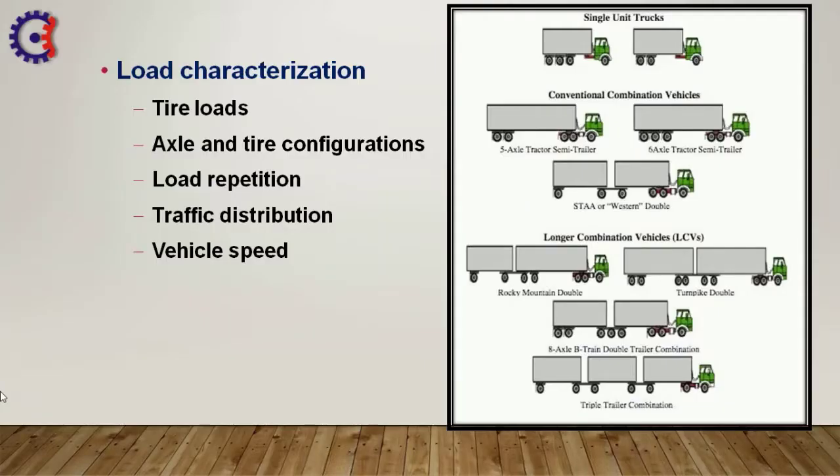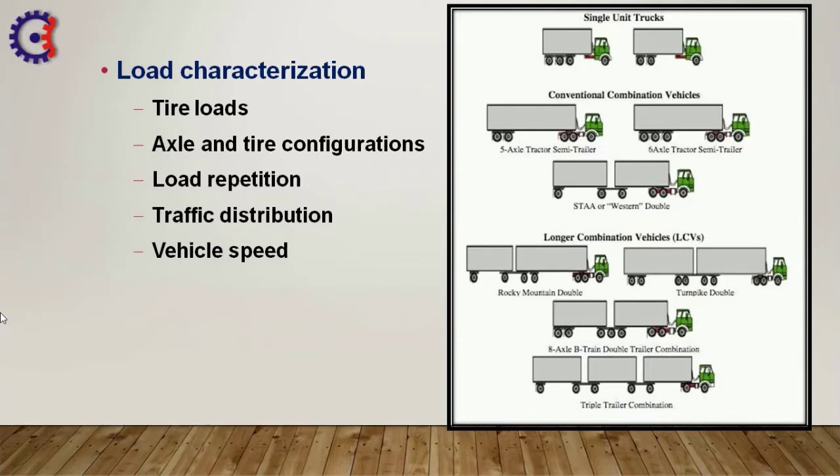As we know, while designing for the load on the pavement, there are many characteristics we have to consider: vehicular characteristics, vehicle dimensions, type of road transport vehicle, weight of the loaded vehicle, power of the vehicle, speed of the vehicle, and braking characteristics.